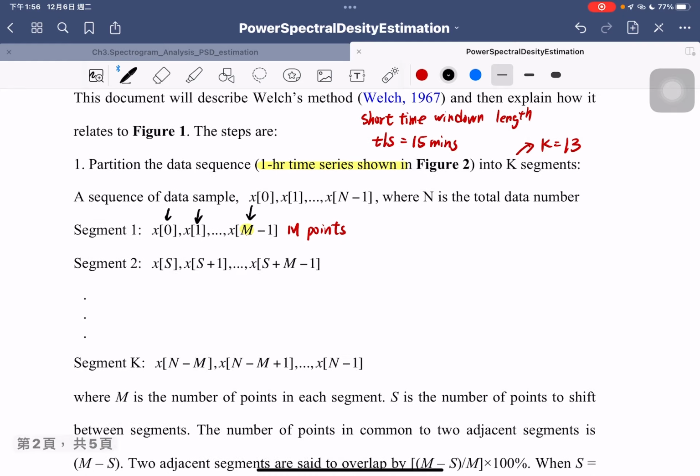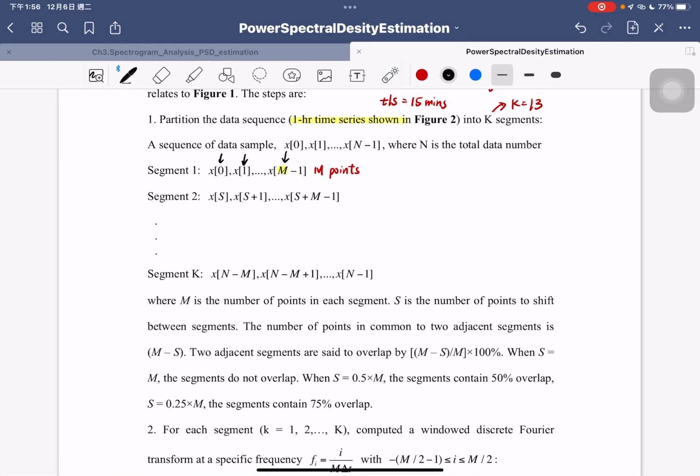So for the step 1, here is the step 1. The step 1 just cuts the data into K segments, and in our exercise today, we assume the overlapping is 75%. So this is the assumption we use today.